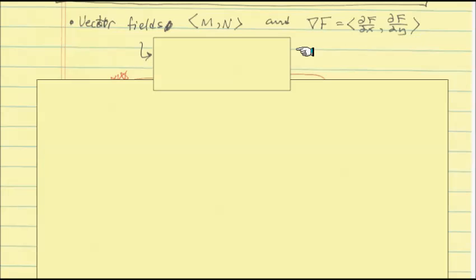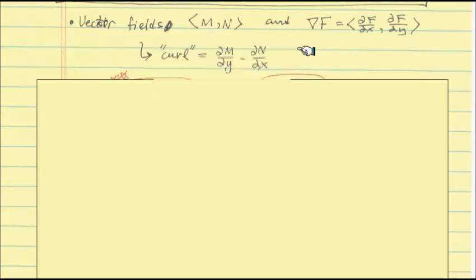This is usually introduced at the beginning of multivariable calculus as the direction where the rate of change of the value of f is maximized. That's usually how it's introduced. Then there is this important question: if an arbitrary vector field is given, can that be realized as a gradient vector of some scalar valued function?